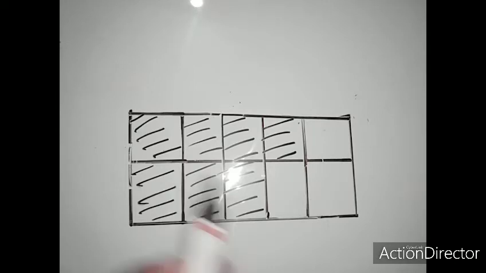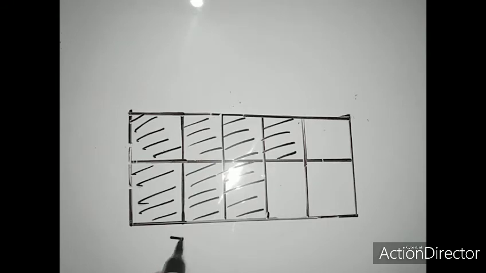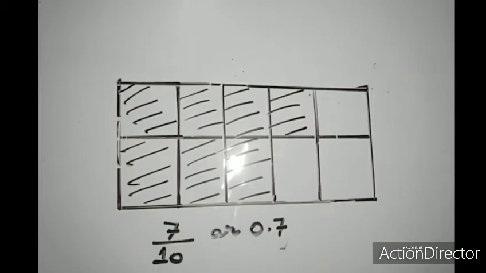So now what is the total number of shaded parts here? 1, 2, 3, 4, 5, 6, 7. So here we write 7 upon 10. There are a total of 7 boxes shaded out of 10. We also write 0.7 here, right? And here we say that there are a total of 7 tenths, right?